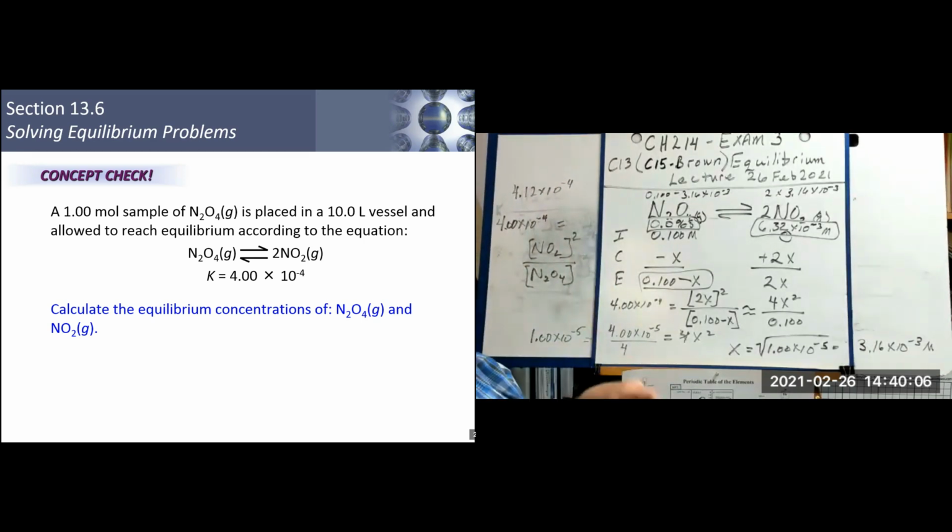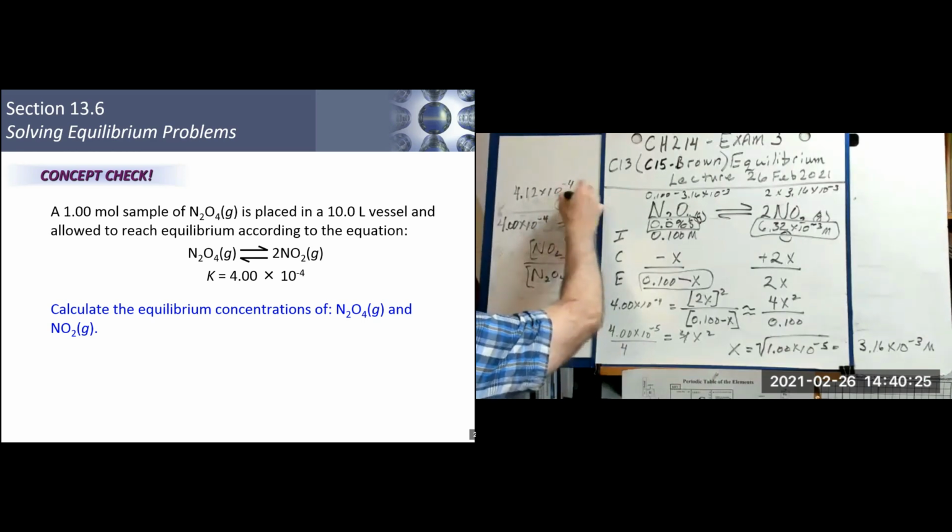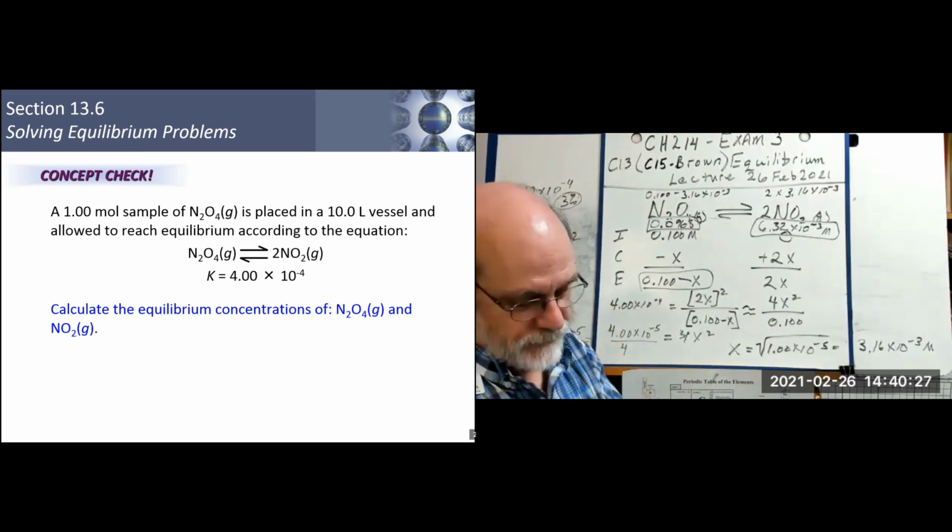So is that within 5%? Well, what's the difference? 0.12 divided by 4 times 100. That's 3%. So this is 3% off. That's considered valid.